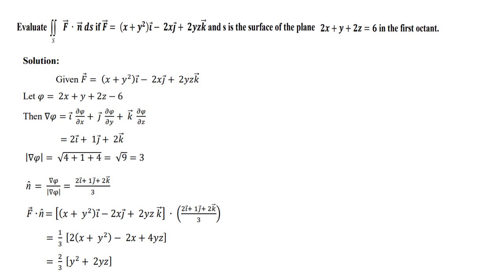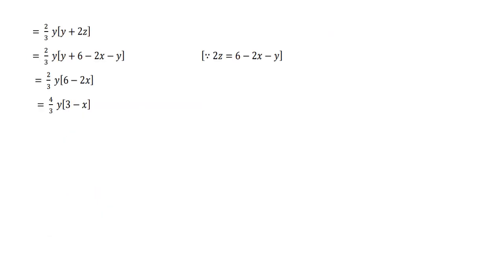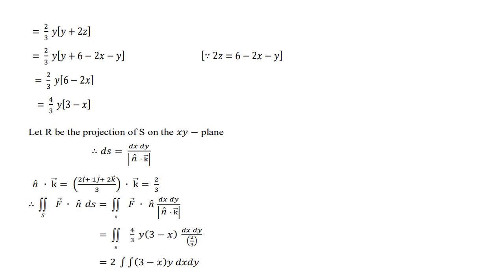By simplifying we get 2 by 3 y squared plus 2yz. Further simplification gives 2 by 3 y into 6 minus 2x, since 2z is equal to 6 minus 2x minus y. Therefore 4 by 3 y into 3 minus x.